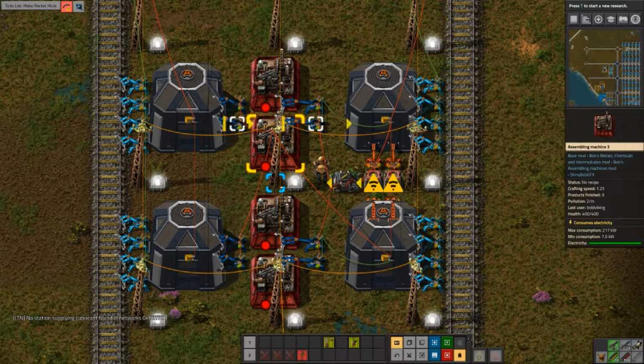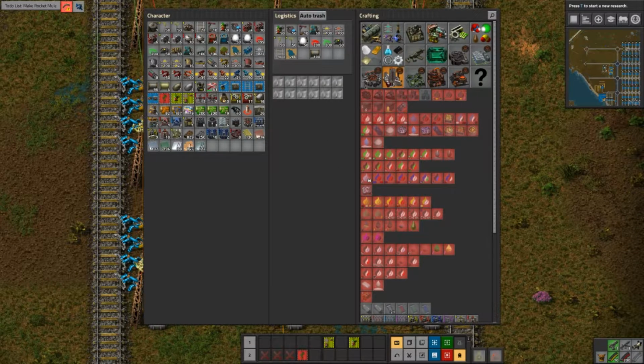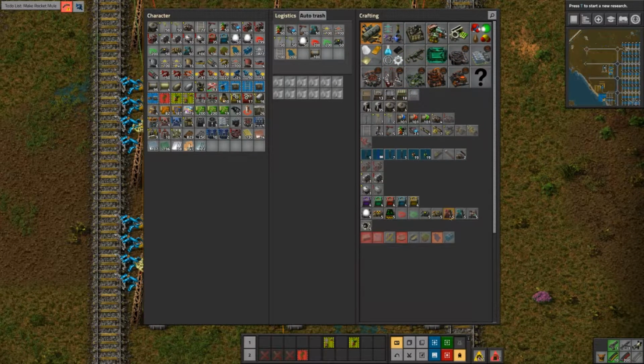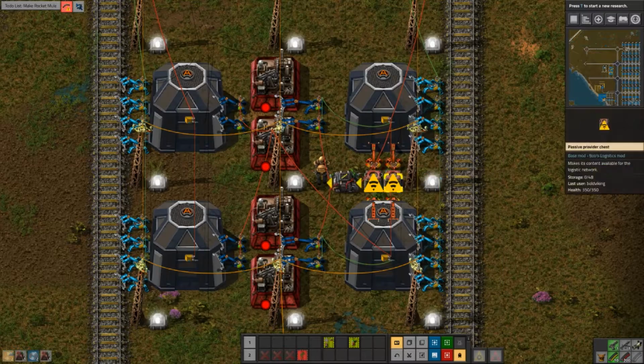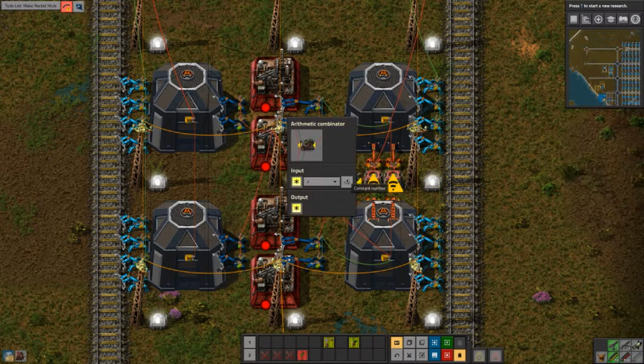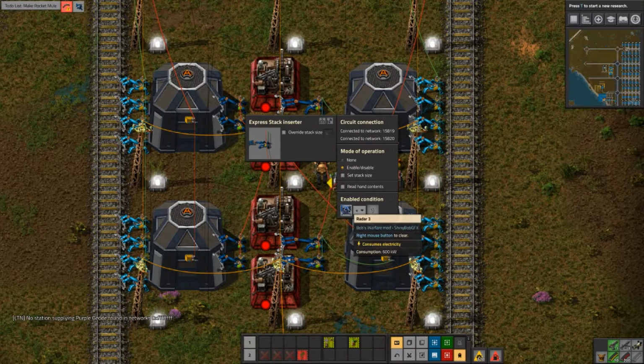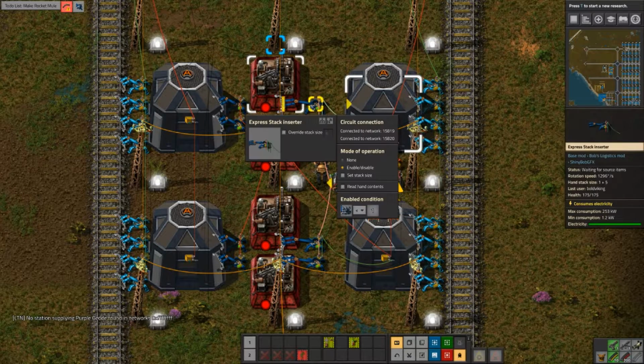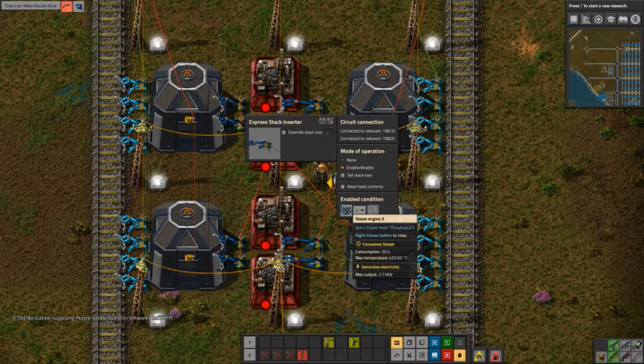I also want to update this a little bit by means of constant combinators. There should be a way that we can do this without having to rely on, say, this or this. However, the enabled condition.